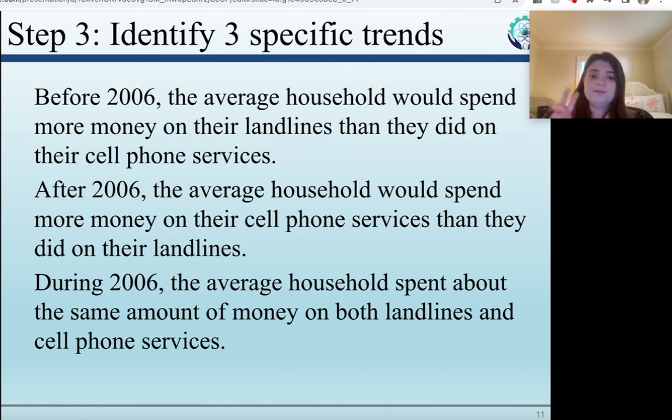The second thing is make sure that you're using good, proper vocabulary, right? So the average household, good vocabulary. We talked about landlines, we talked about cell phone services. You could also use residential phones, or you could say home phone instead of landline. Either way is fine, as long as we're using good, proper language. And then last but not least, also make sure that you're using proper spelling and grammar.